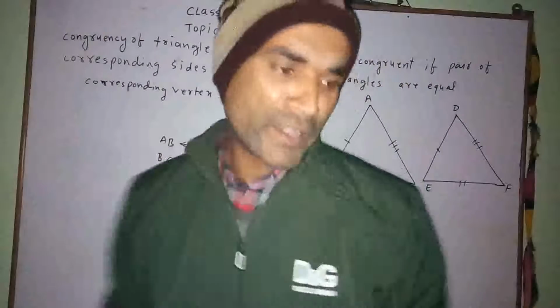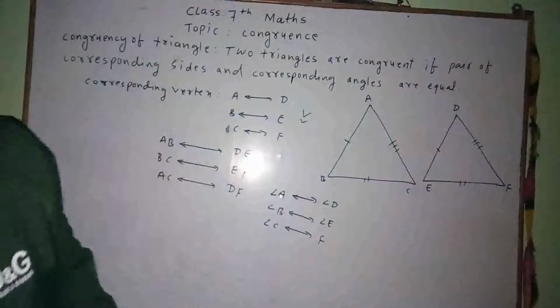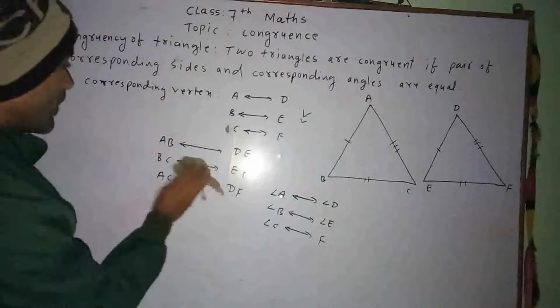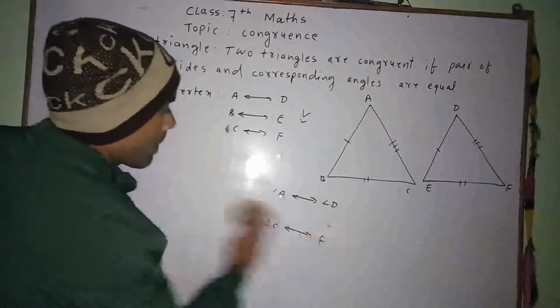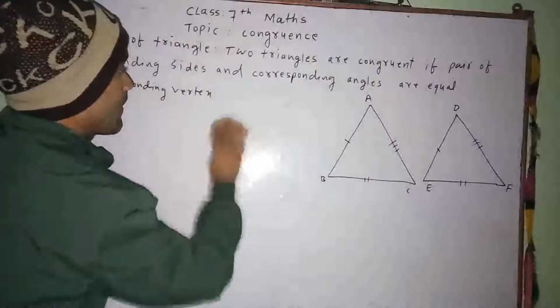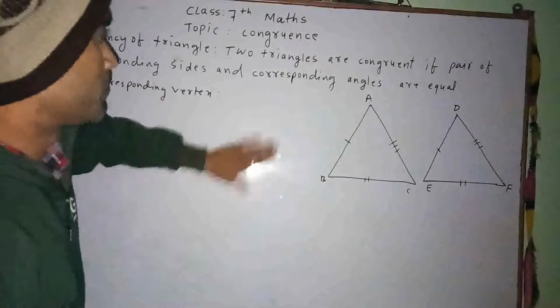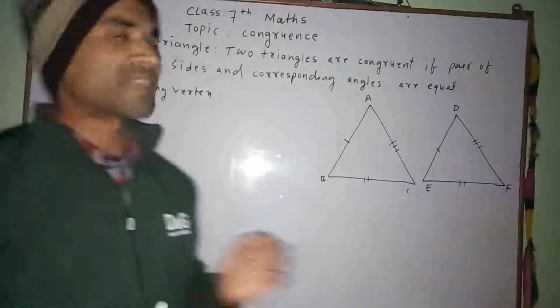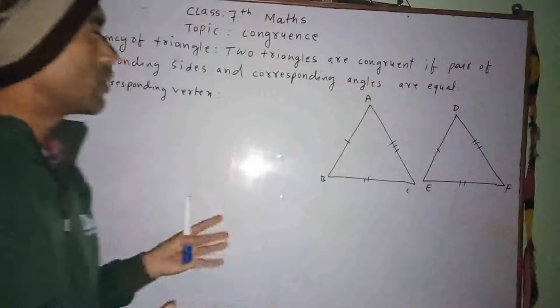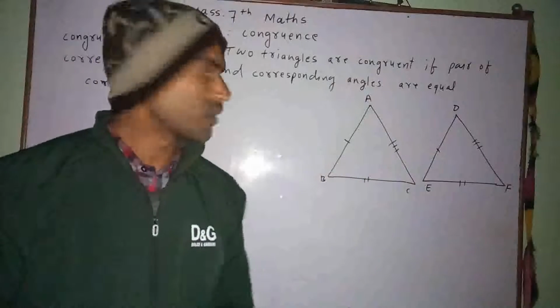In the definition it is already given that if the corresponding sides as well as corresponding angles are equal, then they are said to be congruent.